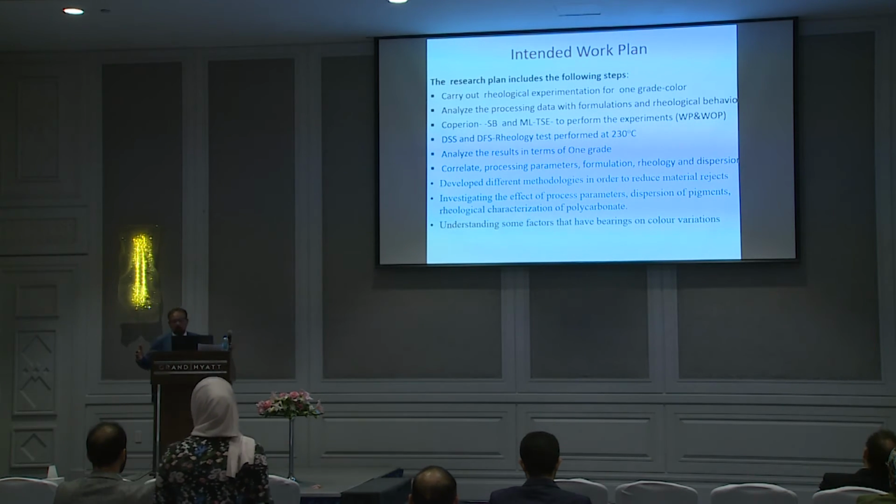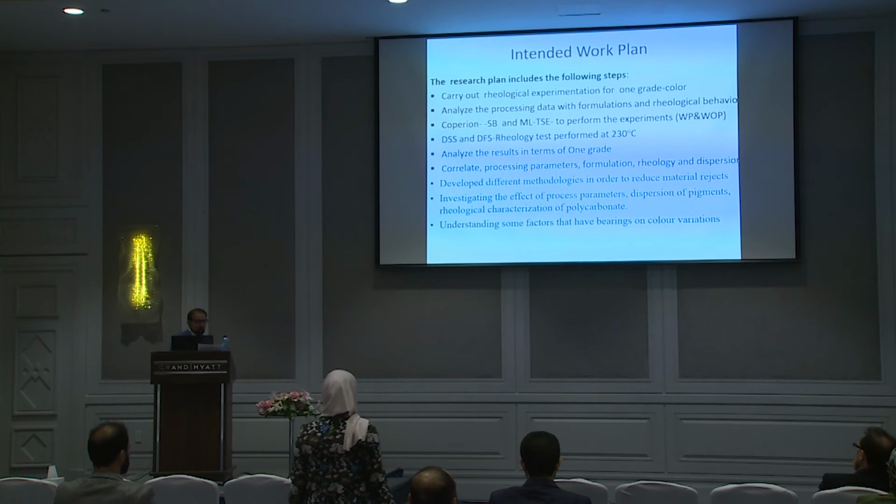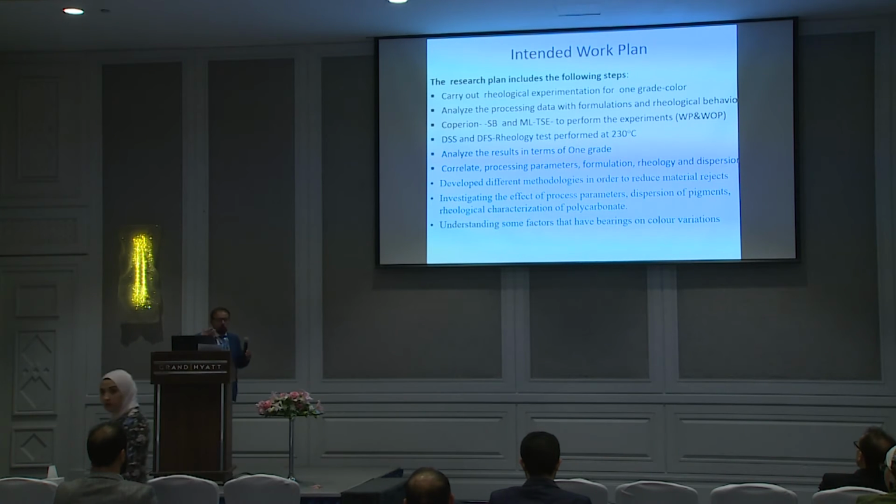It is a small extruder. You can run a small sample in order not to waste material in case you fail. After that, I correlate all the results of processing parameters, rheology, and dispersion to get the final result from this investigation, and in order to understand any issues or factors that affect the variation of the color.